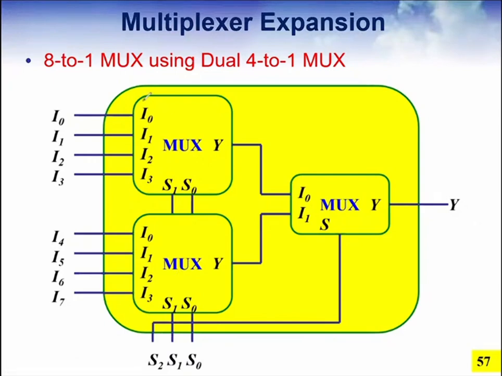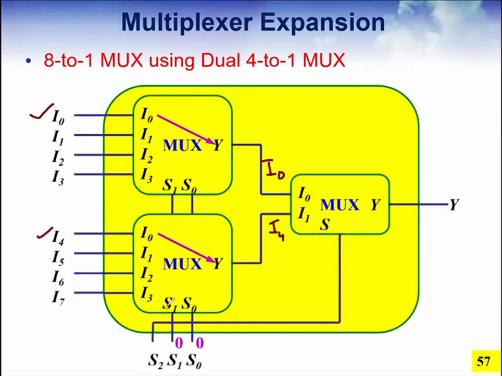If, for example, my selection line is 0 0, what will happen at that time? I0 of the upper MUX and I4 of the lower MUX will be connected. Am I right, guys? So what will you get from the upper MUX? I0. And from the lower MUX? I4.